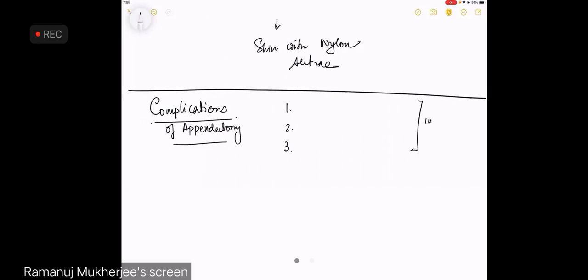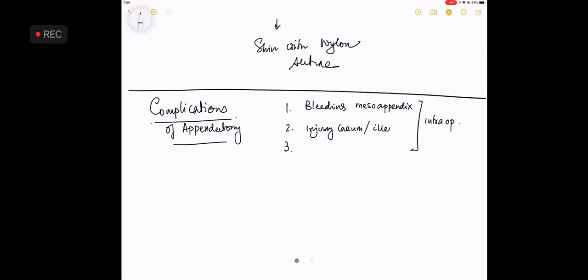Complications can be defined as intraoperative complications, which can include bleeding from the mesoappendix, which can sometimes be extremely difficult to tackle, injury to the cecum, the ileum, and finally injury to the ureter and the iliac artery.